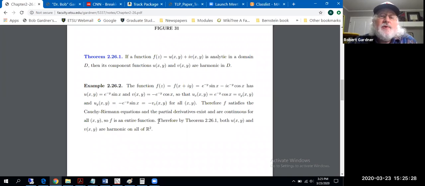So analytic everywhere, applying the theorem that we just observed, we know that both this u function and this v function are harmonic throughout all of R2. Remember, functions are harmonic if they're functions of two real inputs and they produce a real output.